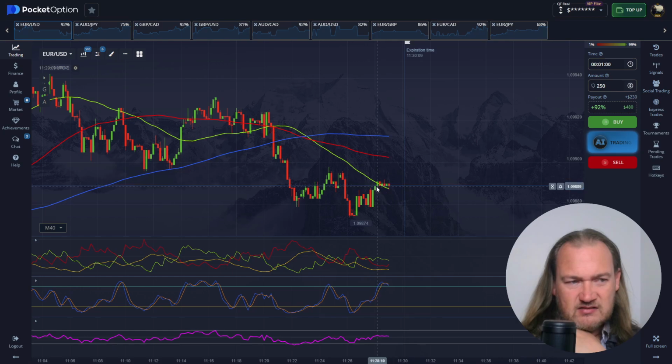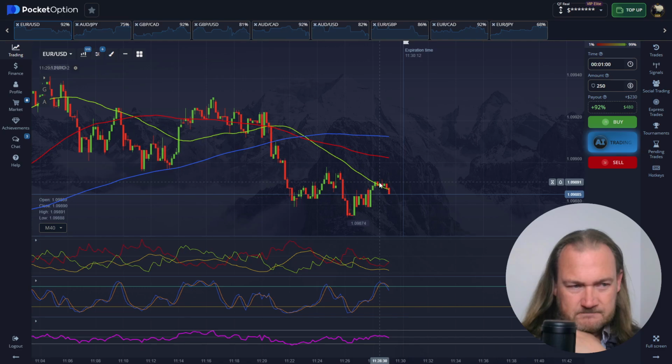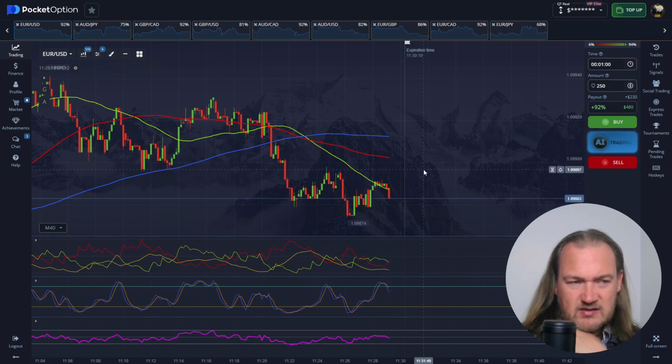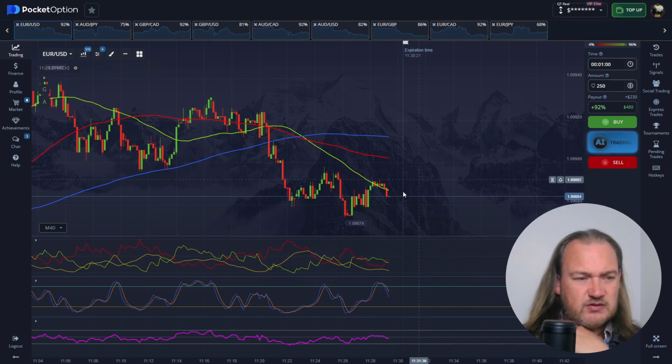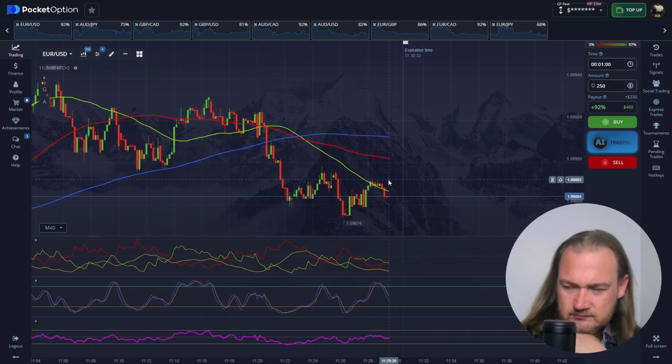Because even if I took it up there, this could still go either way. And I'm not willing to risk trades unnecessarily. If I don't feel really comfortable, if it doesn't look too good to me, just skip it. Just give it a skip and don't worry about it. Wait for the next one. There's going to be lots of trades.